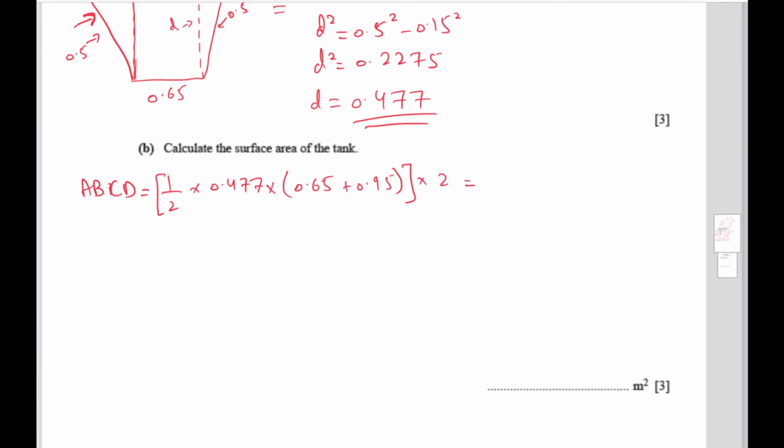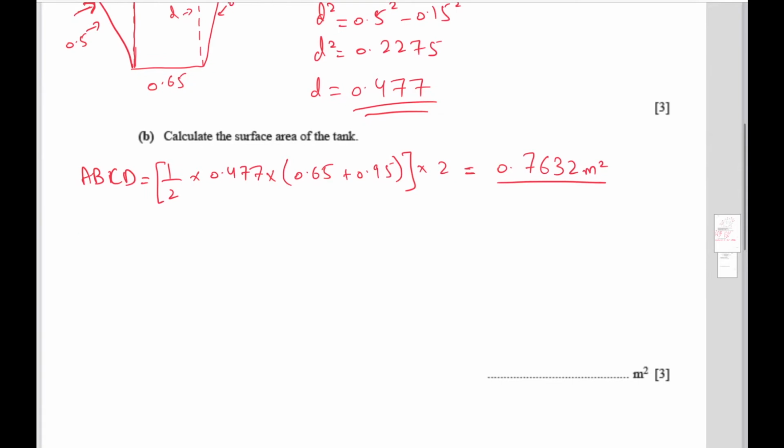So let's do that. 0.5 times 0.477 times the sum of 0.65 plus 0.95 and we get 0.3816. When we get 0.3816, we multiply this by 2 and the surface area of the front and the back is 0.7632 meters squared.